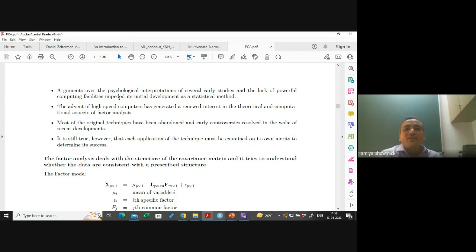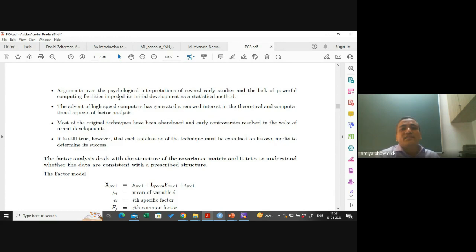However, with the advent of high-speed computing machines and a lot of computing facilities, a lot of the theoretical and computational aspects of factor analysis have been explored. So now it is practical in ecology, environmental, and other analysis. This is one of the most used techniques.